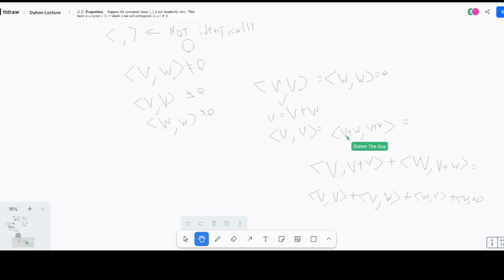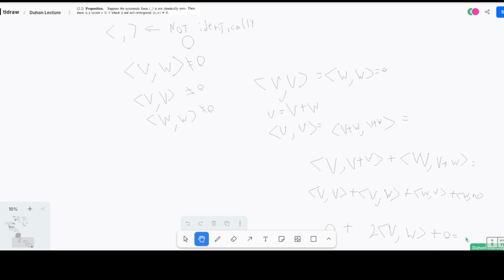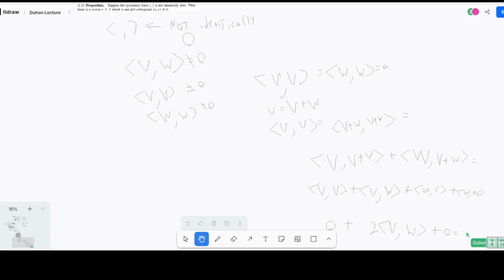So we go down here, and since we assume that these two are 0, we're going to have 0 plus 2 times v with w plus 0, which equals, well, this can't equal 0, right? Because we saw up here that these are different to 0.